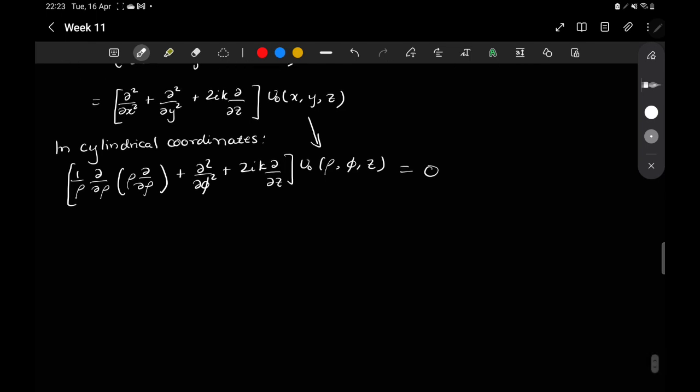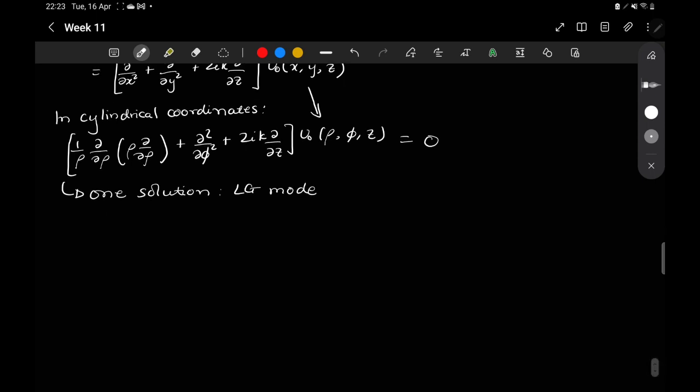And one of the solutions of this cylindrical paraxial wave equation is the LG mode. There are other solutions like the Hermite-Gaussian mode as well, but one of the solutions is the LG mode. Now LG mode, let us write down the expression.